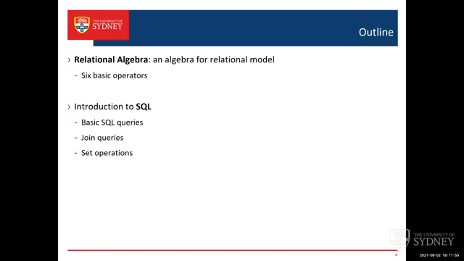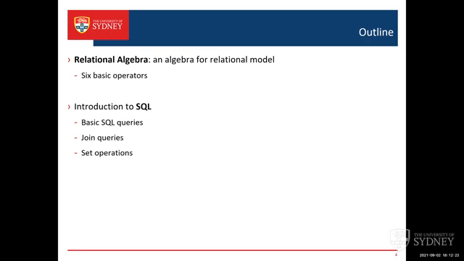Okay, so from today, we'll learn about SQL, which is the most important part of this unit, right? But before going there, we need to know about relational algebra. Once you understand relational algebra, SQL should be easy. In relational algebra, we will today see 6 basic operators, and how we can convert those 6 operators into SQL.